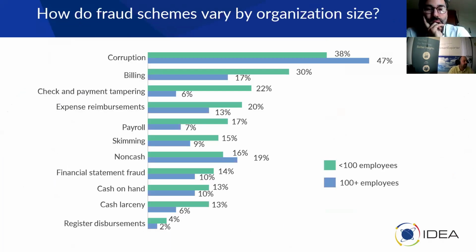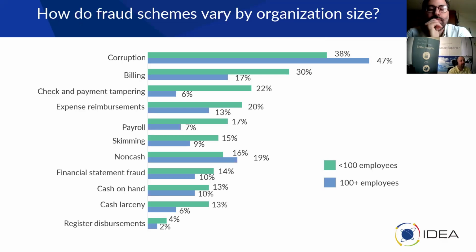How do fraud schemes vary by organization size? With fewer than 100 employees, mostly you can see check and payment tampering, expense reimbursement, and also cash larceny.